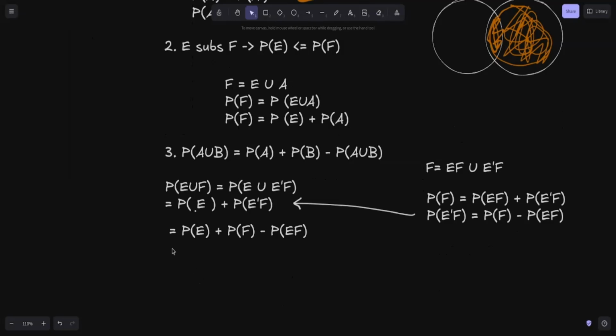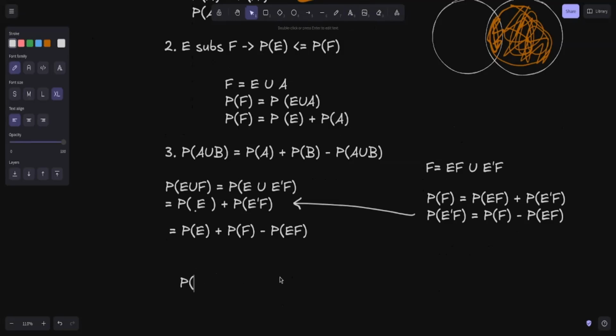I am not going to show the proof by induction, but this is not true only for 2, it can be for any big number. Let's say P of A1 union A2 union and so on up to AN. In this case, first you will take the sum of all P of Ai.